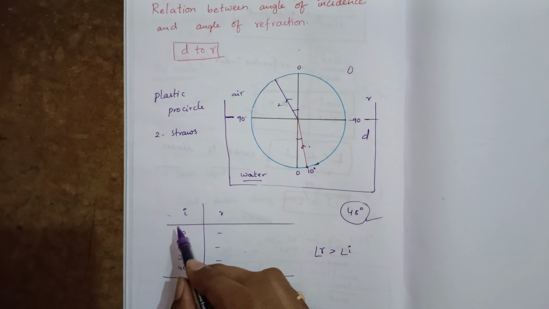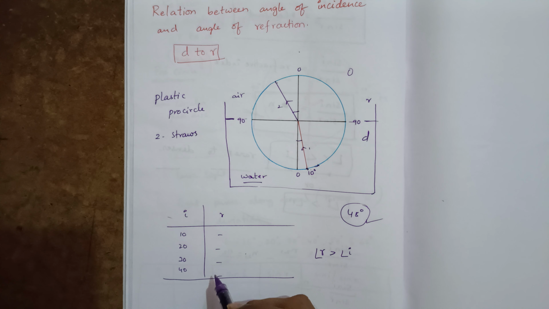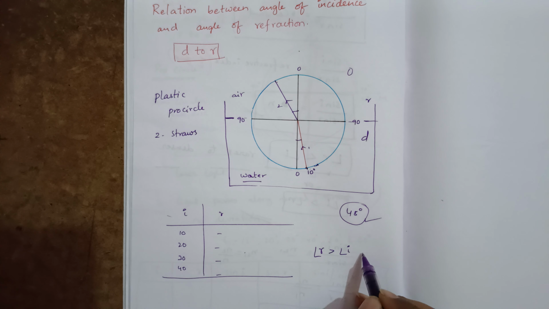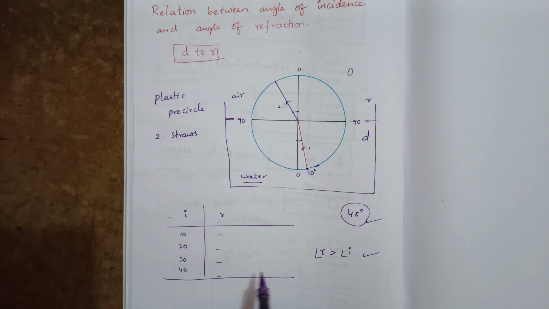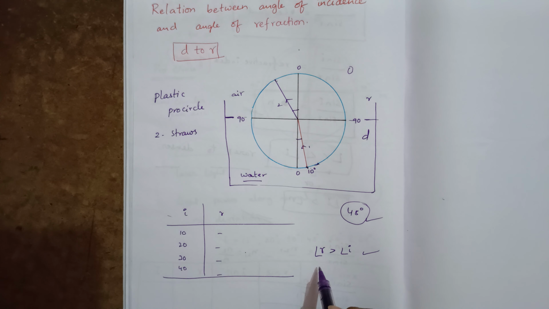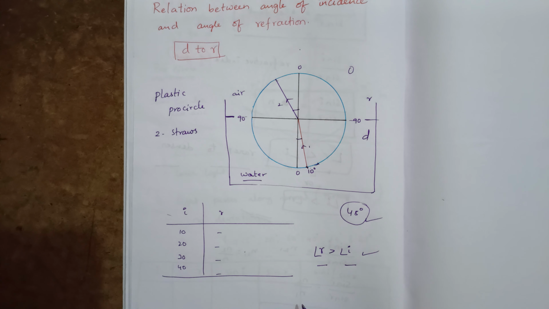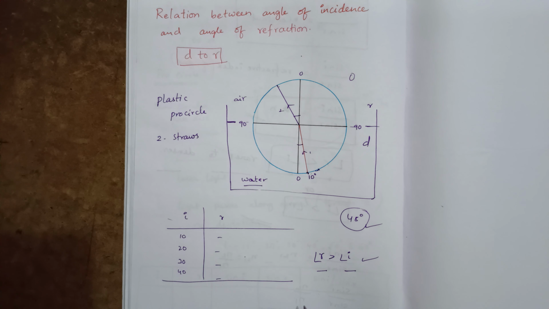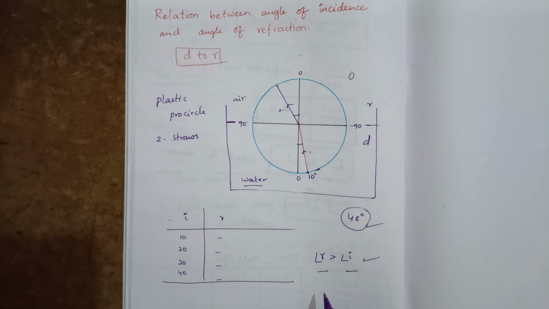For all values of incidence we find the angle of refraction and compare both. We can observe that the angle of refraction is more than the angle of incidence.